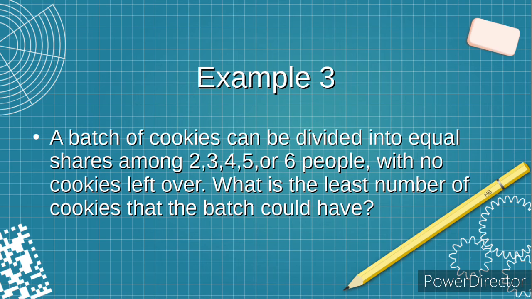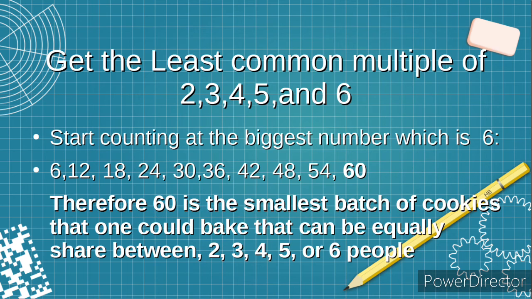And for example number 3, a batch of cookies can be divided into equal shares among 2, 3, 4, 5, or 6 people with no cookies left over. What is the least number of cookies that the batch could have? To solve this problem, we will just get the least common multiple of 2, 3, 4, 5, and 6. We will get this by starting counting at the biggest number, which is 6.